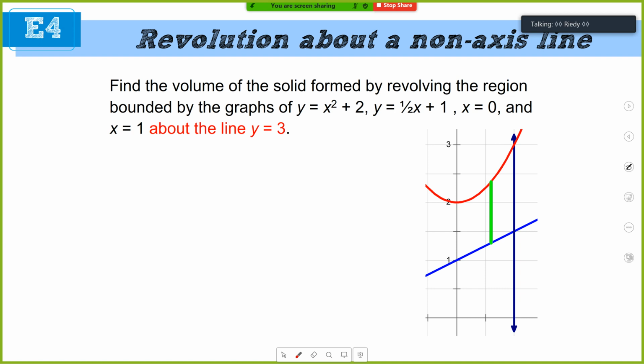This is the red function. This is the blue function. But I'm going to revolve it around the line y equals 3, which isn't in the picture, so I'll draw it in. Here is my axis of revolution.